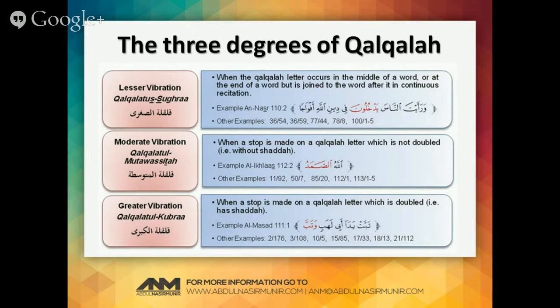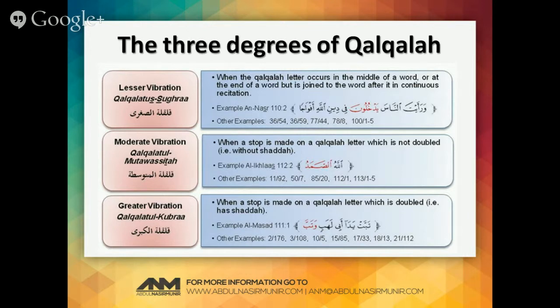The Dal is one of the letters of Qaf, Ta, Ba, Jim, Dal, Qutubu Jaddin. The last letter, Dal, is the letter coming here. It has no movement on it, no haraka. There's no fatha, kasra, dhamma or anything. There's a sakin, a sukoon on top.